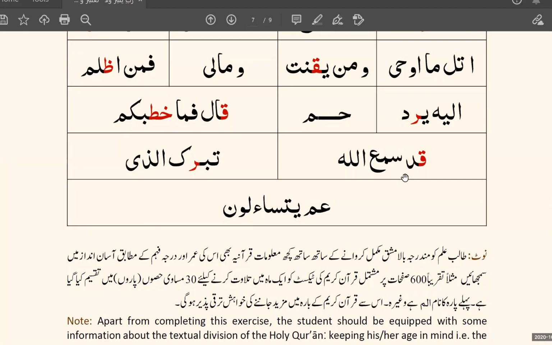Qaf, Dal, Sin, Mim, Ain, Alif, Lam, Lam, Ha, Ta, Ba, Ra, Kaf, Alif, Lam, Zal, Ya. Okay, last line.